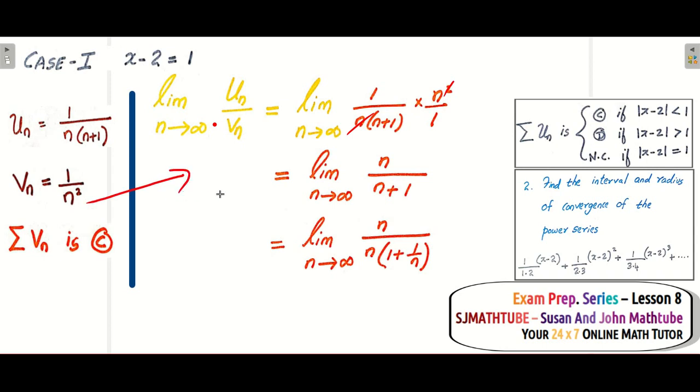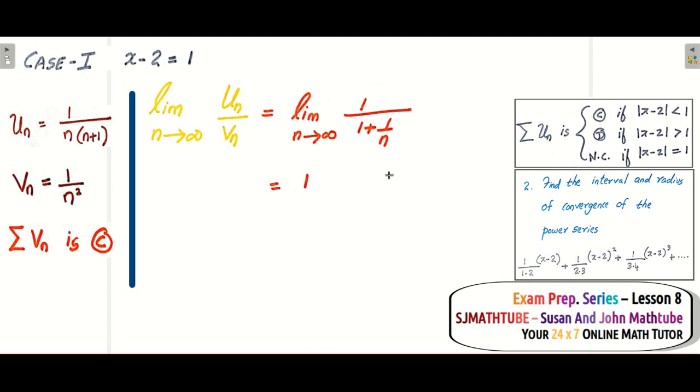You can just plug in all these values, and okay, 1 by 1 plus, when n becomes infinity, this will become 0, so 1. Now this is not equal to 0, and this is not equal to infinity. That means both sigma un and sigma vn will behave alike.